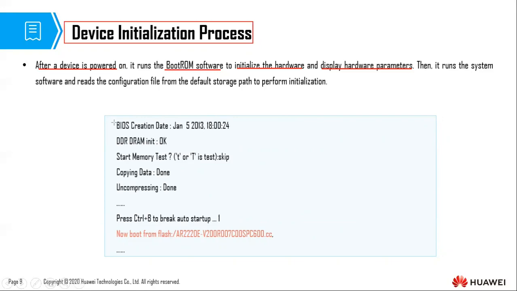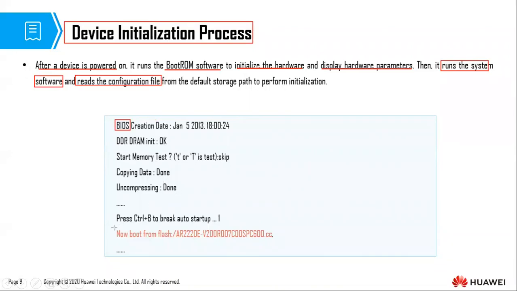Really, most of us have heard of the BIOS, and therefore the boot ROM software is the one that is loaded from the BIOS in order to start that particular device. When you're starting the device, it also runs the system software, then it reads the configuration file from the default storage path in order to perform initialization.